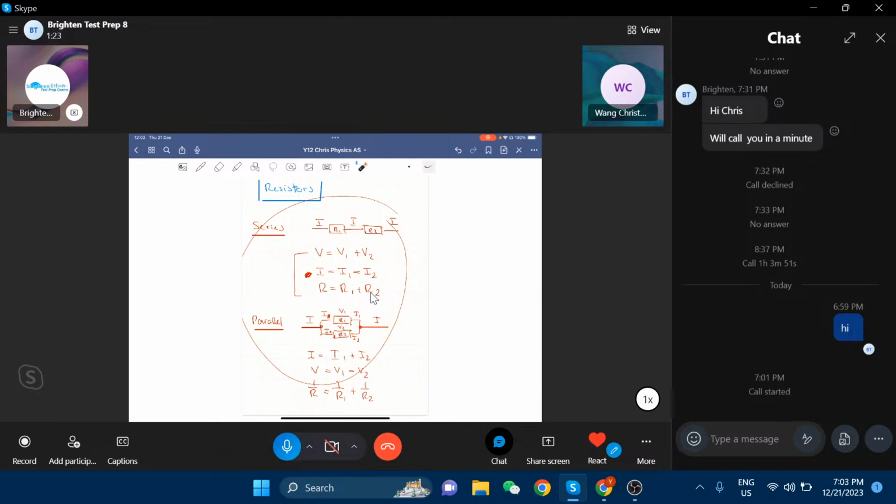The ones we apply are basically the practical applications of Kirchhoff's law. There are a couple of things to remember, but instead of me telling, maybe Chris, you could tell me briefly what the key points from the series and parallel circuits are to keep in mind, as we need them to calculate the various parameters later on.